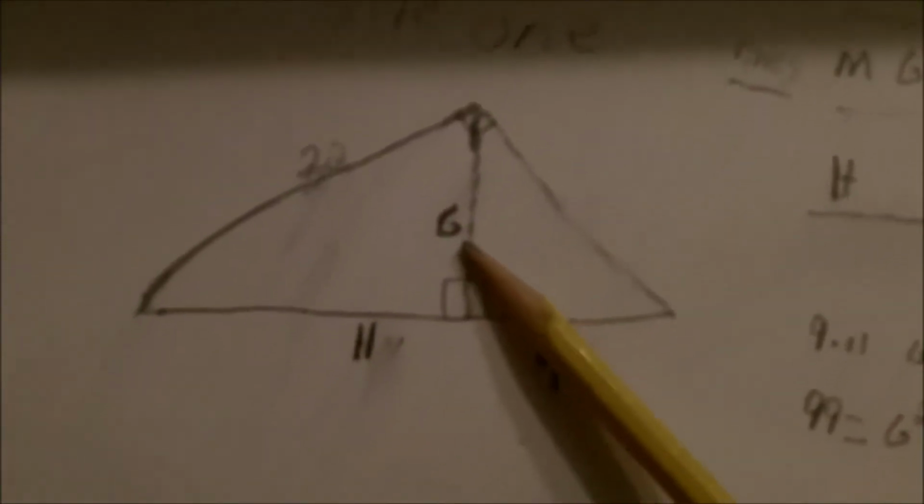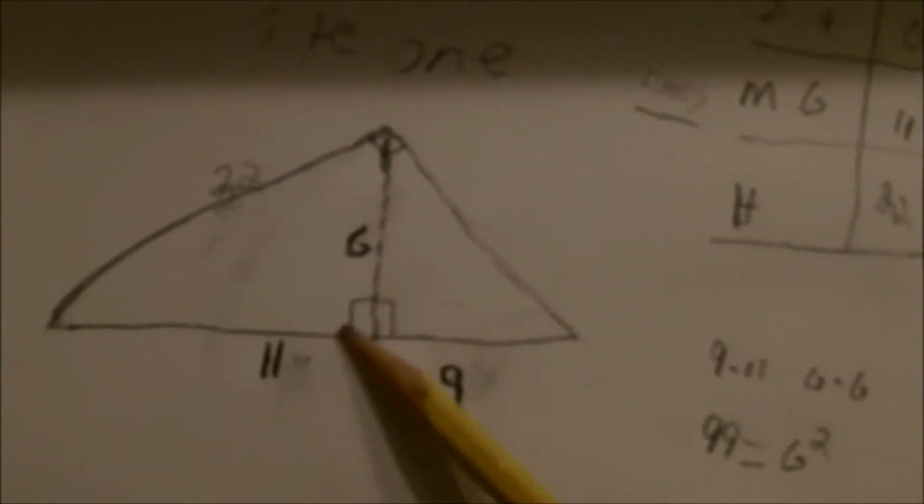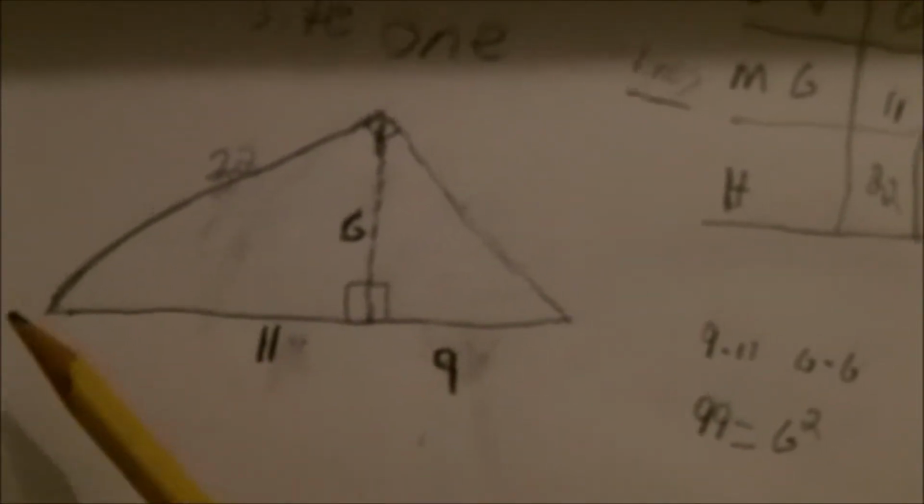So what we do have is G for the length from me to the tree, and we have the lengths from where I am to that tree and from where I am to that pillar. If you use this little trick, the one I have set up right there, you'll know exactly how to set up your proportions.